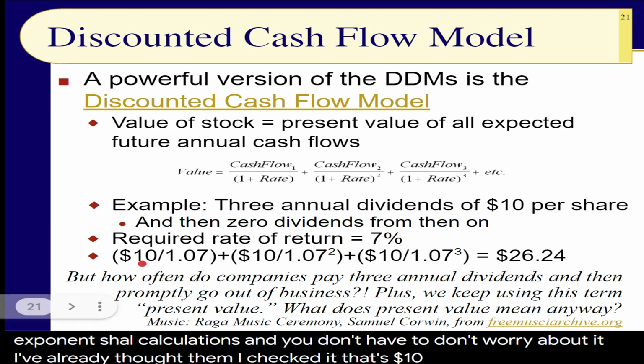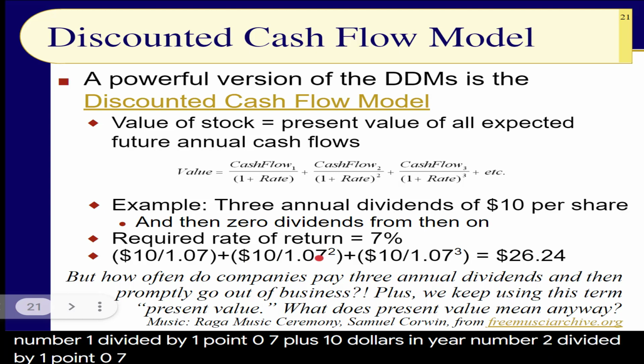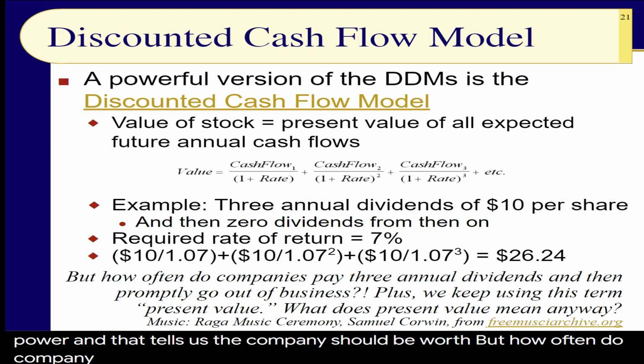That's $10, the first dividend in year number 1 divided by 1.07, plus $10 in year number 2 divided by 1.07 squared, plus $10 divided by 1.07 to the third power. And that tells us the company should be worth $26.24.